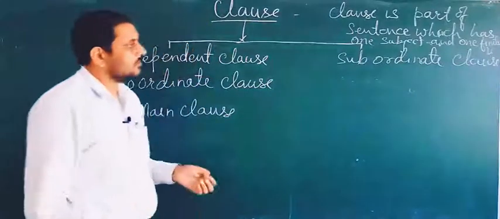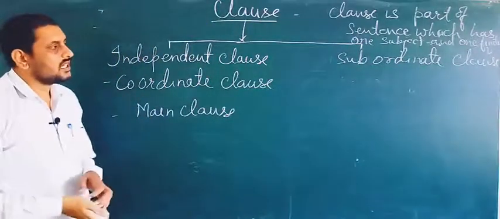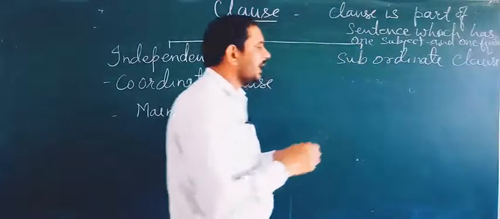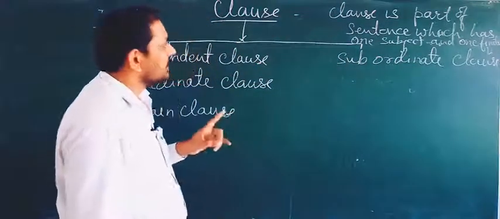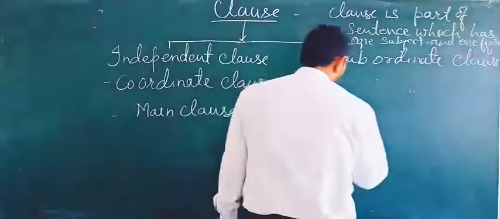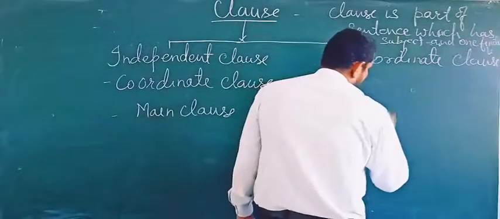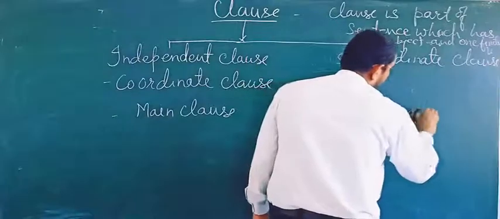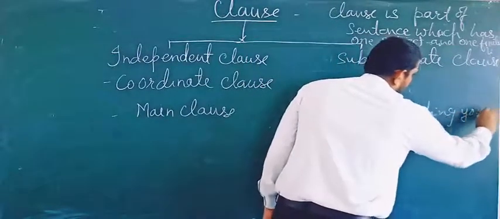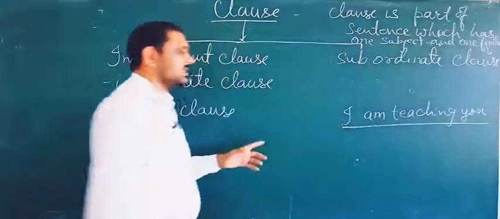Many students face the problem that they can't make a difference between clause and sentence. So you have to understand that the clause is the part of a sentence, not a whole sentence. For example, "I am teaching you." This is not a clause, this is a sentence.